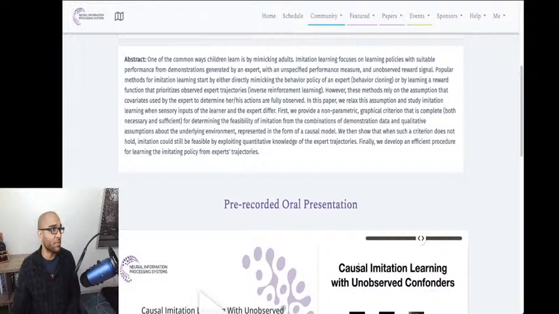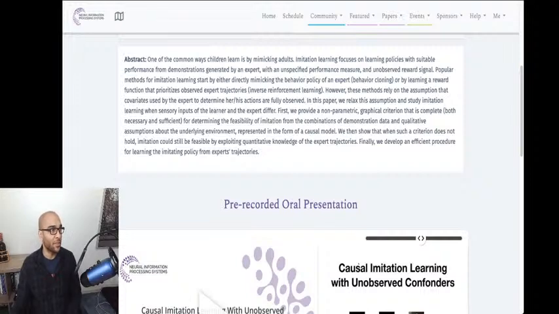Popular methods for imitation learning start by either directly mimicking the behavior policy of an expert. This is behavior cloning. Or by learning a reward function that prioritizes observed expert trajectories. Inverse reinforcement learning. Okay, so we're looking at two things.